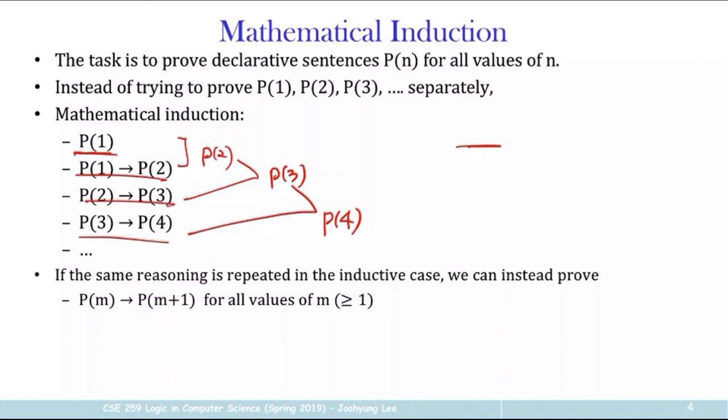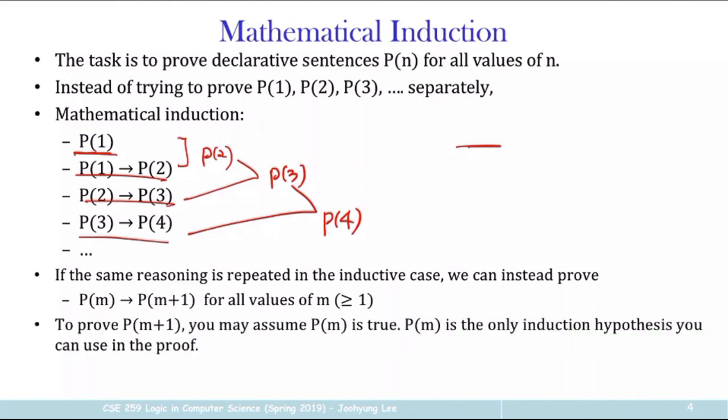Basically, what it means is that to prove the case of P of m plus 1, you assume that P of m is true and try to prove P of m plus 1 using that assumption. And what is the assumption? It is something that you didn't prove to be true, but you assume it to be true.